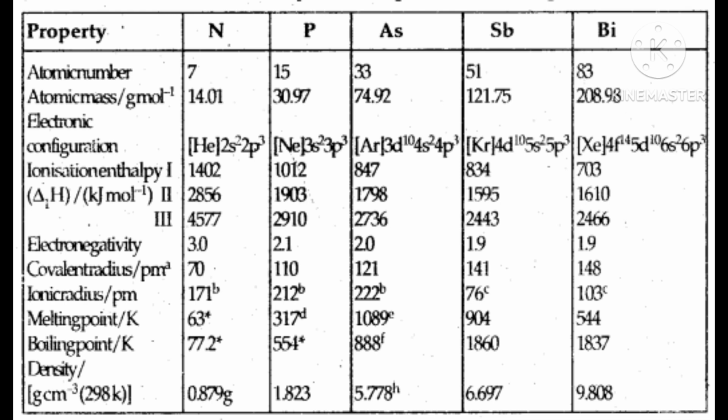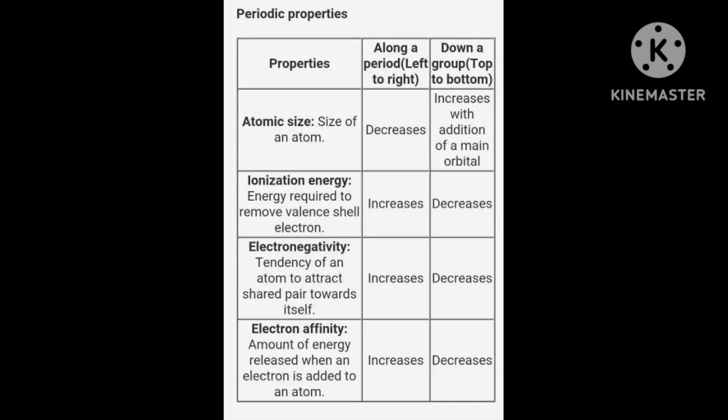Borax is a very, very important compound of boron. And kernite, again Na2B4O7, only the water molecules differ: it is 4H2O in kernite and 10H2O in borax.